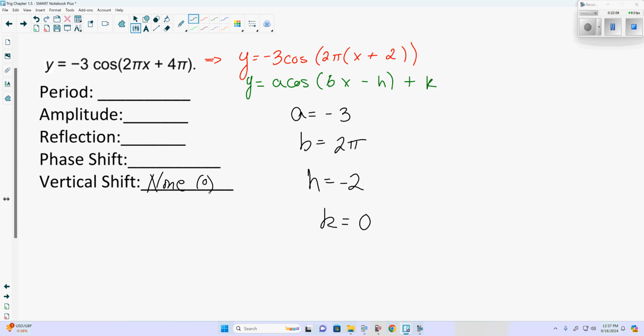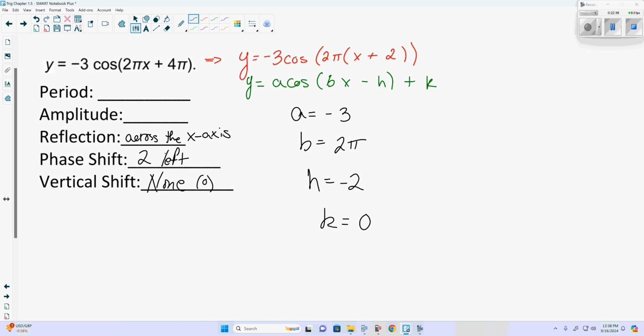Phase shift, left, right: 2 to the left, left 2. Is A or B negative? A is negative, so it's a reflection across the x-axis.